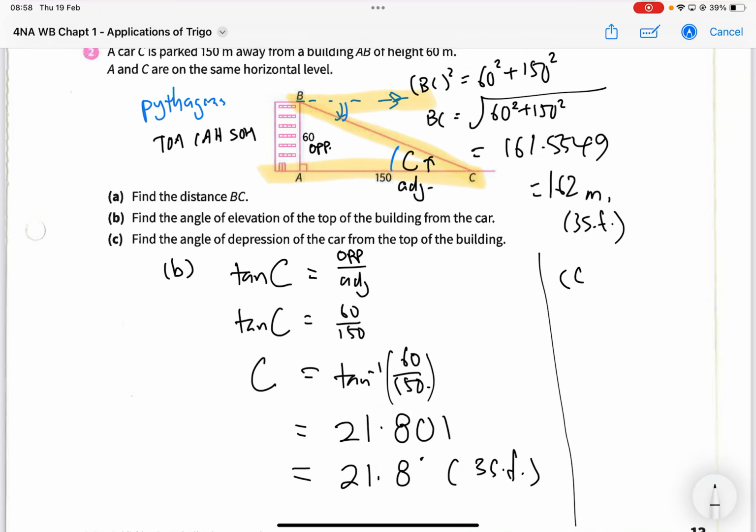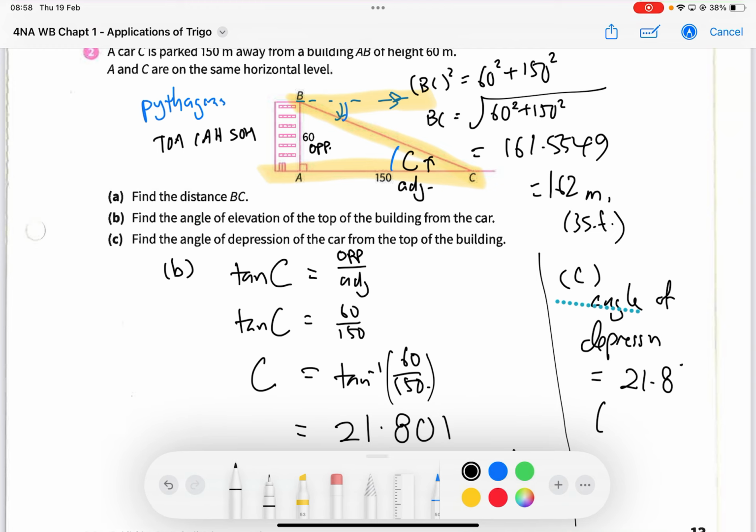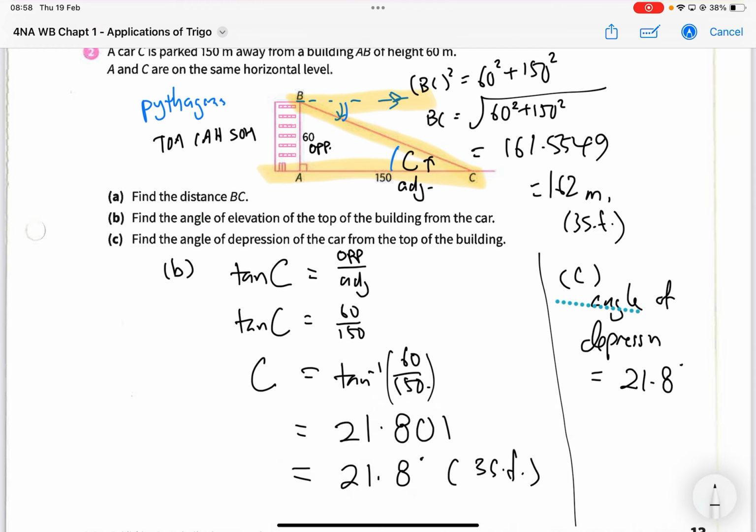So part C, the angle of depression is also equals to 21.8. If they ask for reason, you can say alternate angle, parallel line. Can?